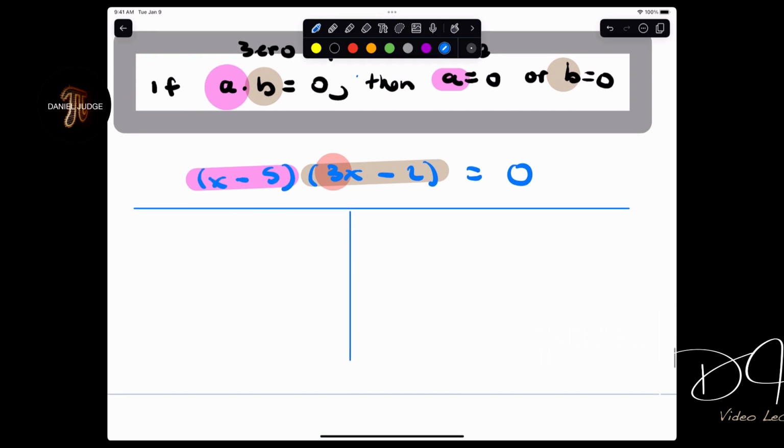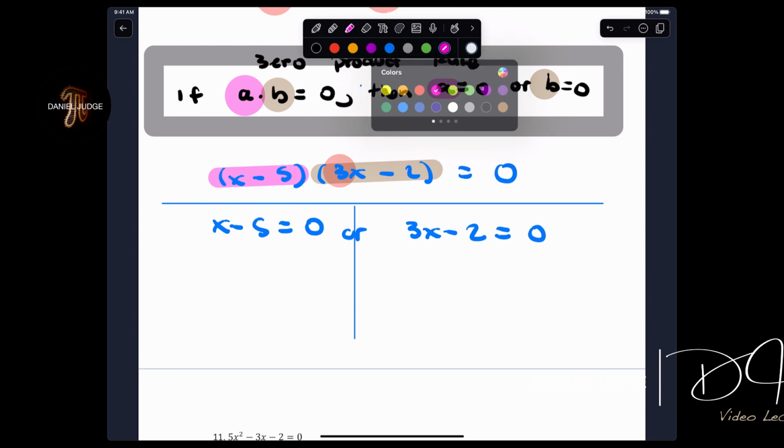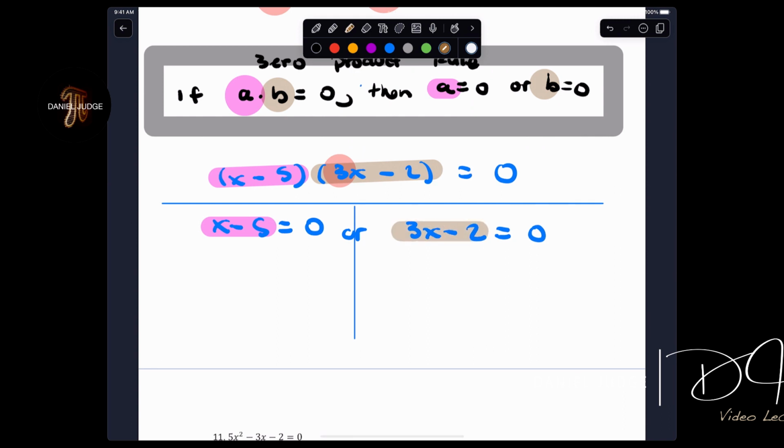So now we have x minus 5 by the zero product rule equals 0, or 3x minus 2 equals 0. So you have the first term here equals 0, times the second term equal to 0. So you're going to add 5 to both sides, and you get 0 plus 5, and that means x is 5.